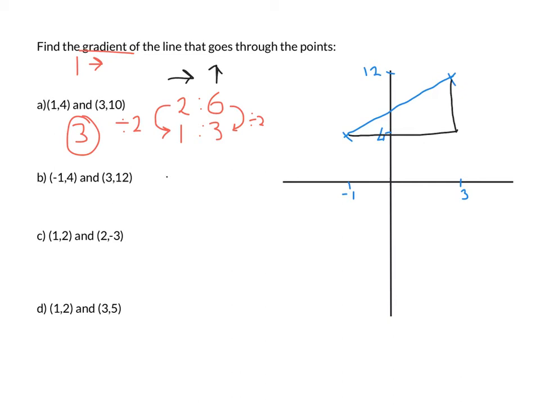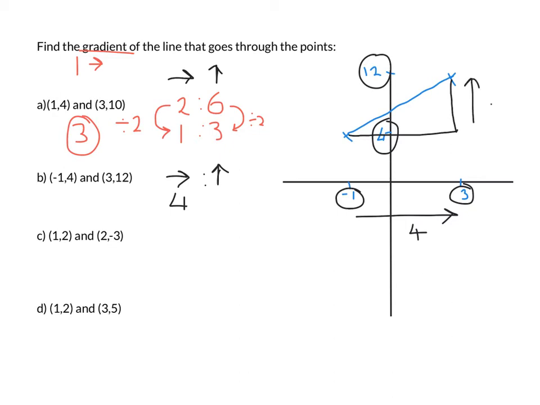And we need to be thinking about how many across we've gone and how many up. So we've gone from minus 1 to 3. So altogether that's going to be 4 across. And then we've gone from 4 to 12.